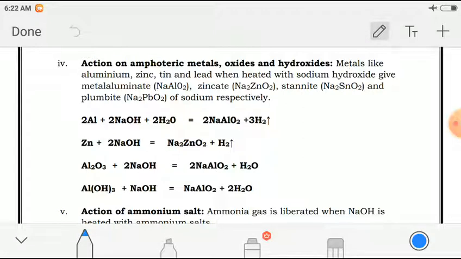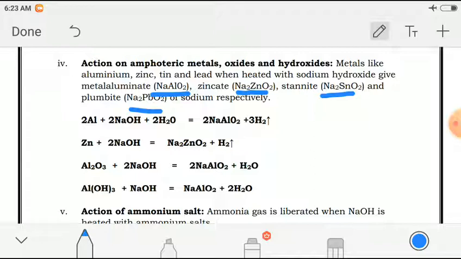In this, metals like aluminum, zinc, tin and lead, when heated with sodium hydroxide, give metaluminate, that is NaAlO2, zincate, that is Na2ZnO2, stannate, that is Na2SnO2 and plumbate, that is Na2PbO2, respectively.